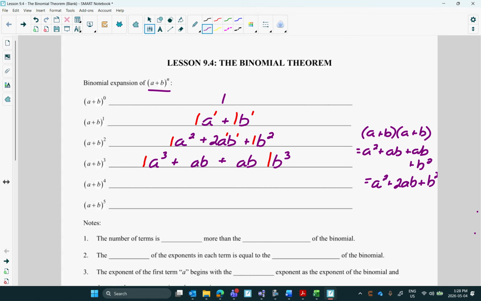And since I started with a cubed, notice here you went a squared down to a, down to no a. So here I would go a cubed down to a squared, down to a, or a to the first, down to no a. Sorry, I forgot a plus.